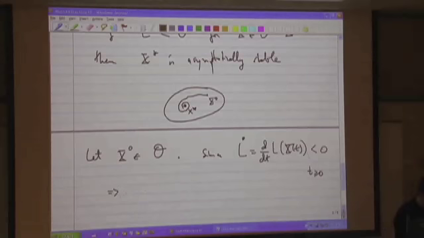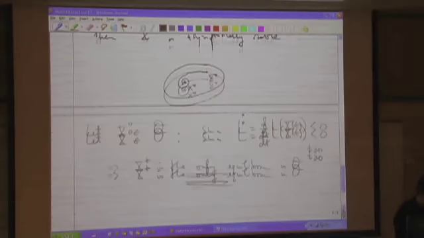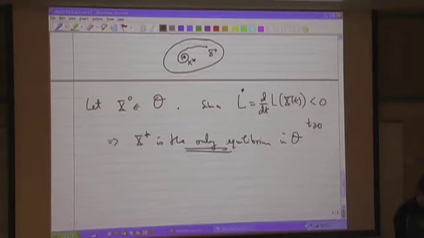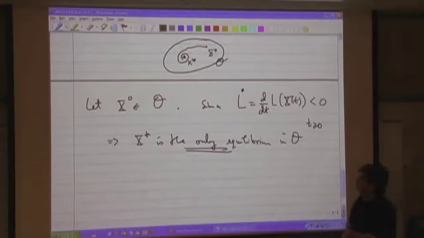Well, the first thing to notice is that it means that x star is the only equilibrium in this neighborhood. There's no other equilibrium where this is 0, right? So in this neighborhood where the Lyapunov function exists, there's no other equilibrium.